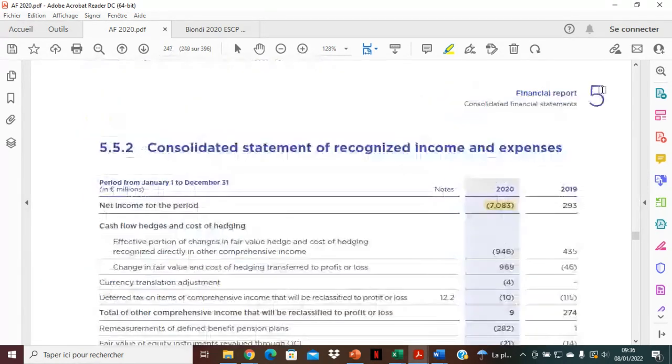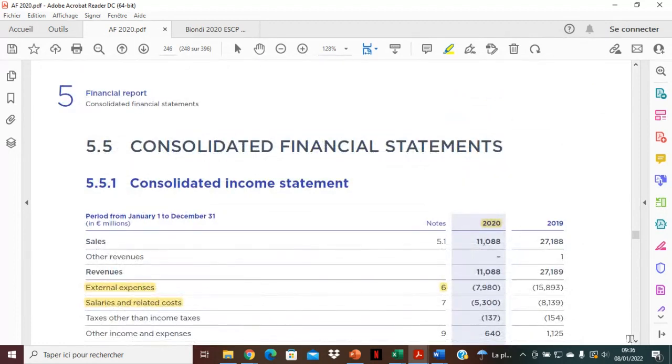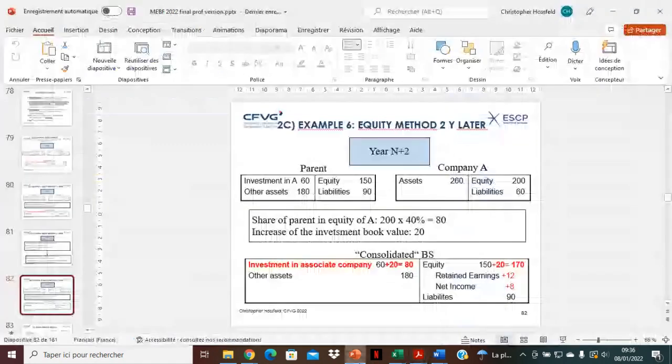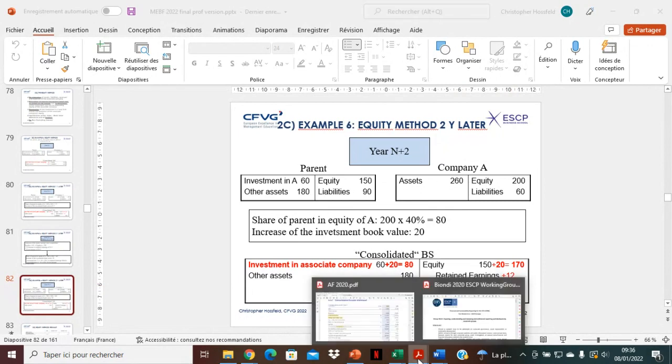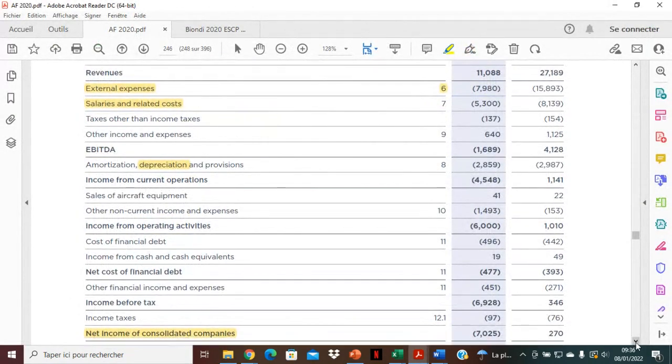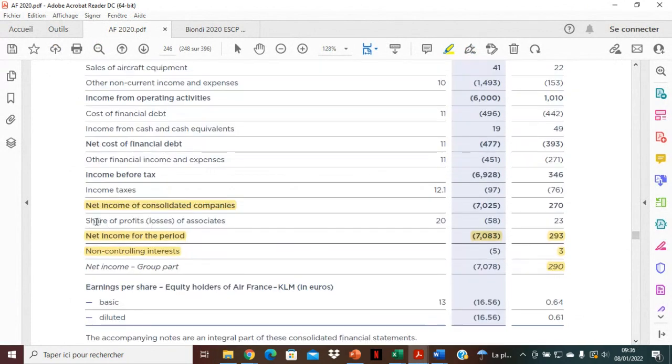And in the income statement, I will also see the equity method changes. So remember, in my own net income, I account for profits and losses related to the equity investments. And I see this also on a specific line in the income statement. And here you go. It's presented at the bottom, and it's share of associates. Okay, so that means here I see my associated companies made a loss.